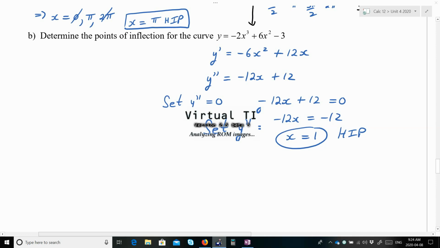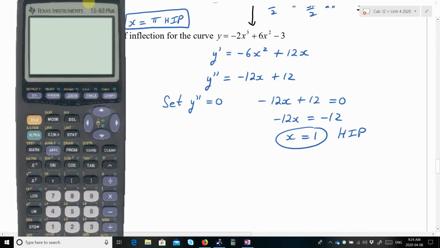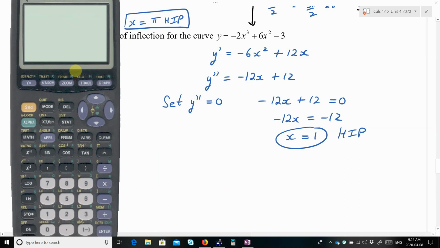And if we do a quick graph, negative 2x to the power of 3 plus 6x squared minus 3. Standardize that.